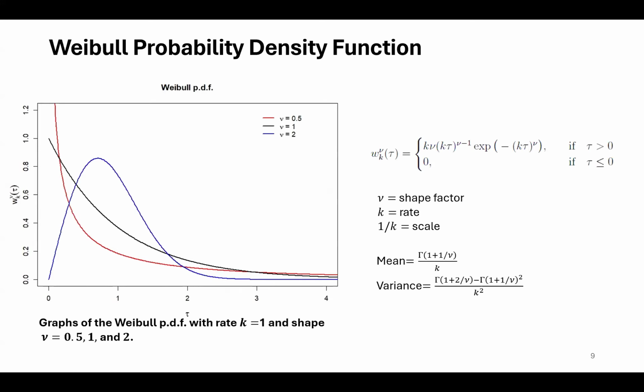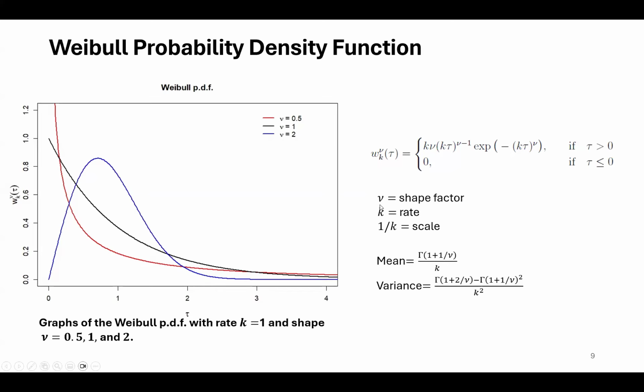Another thing I want to explain for the simulations: I used the Weibull function for the kernel of the simulations, and this is the equation for it. The probability density function has two parameters. One is the shape factor, which is the power, this exponent here.